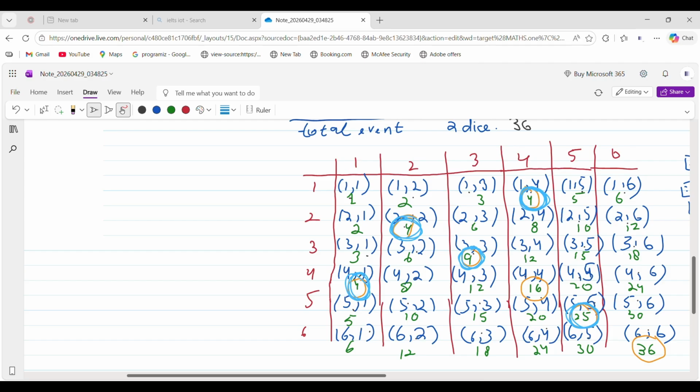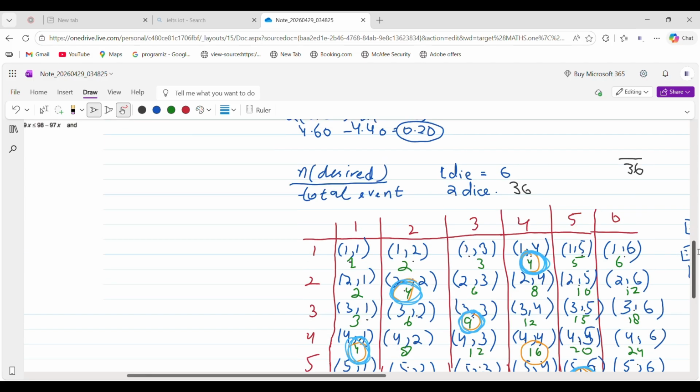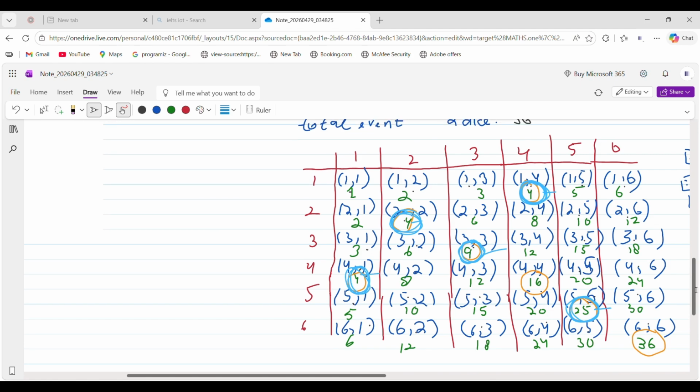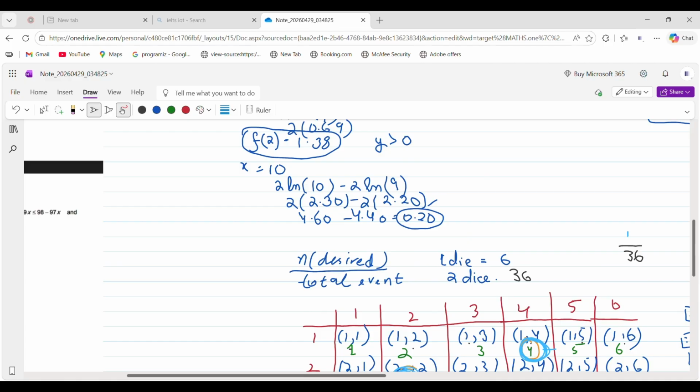So how many desired events are possible? 1, 2, 3, 4, 5. So the number of desired events is 5. So the probability that the product is the perfect square of a prime number is 5 by 36.